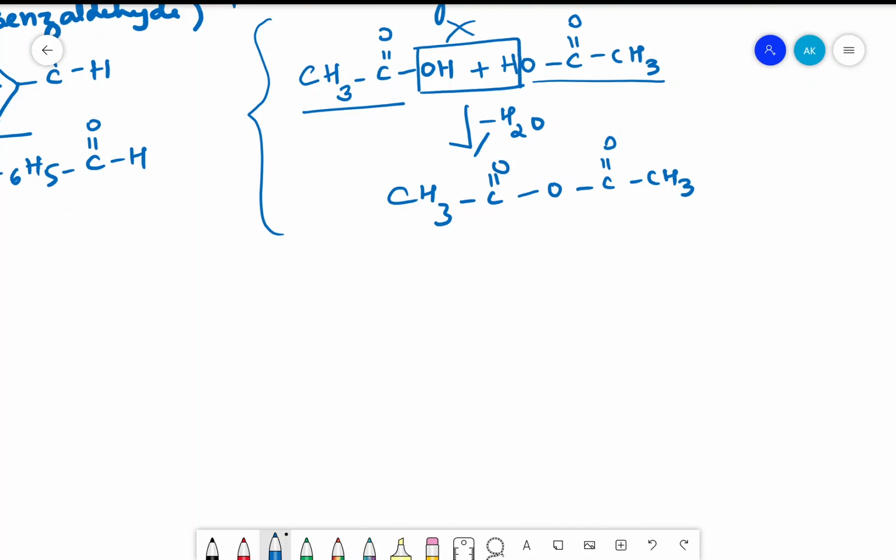This compound is called acetic anhydride.